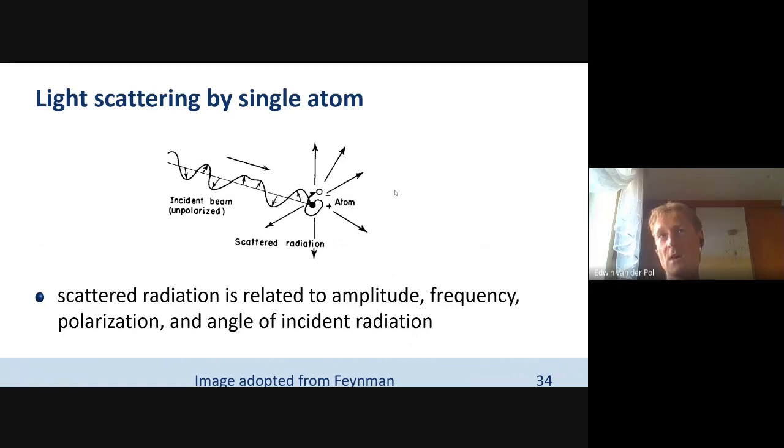The question is how this incoming light interacts with the electron or electrons around the atom, which subsequently scatter this light. And how is this related to the amplitude, frequency, polarization, and angle of the incident radiation? If you know all that for a single electron, or multiple, or a particle, that gives you insight into many physical processes.